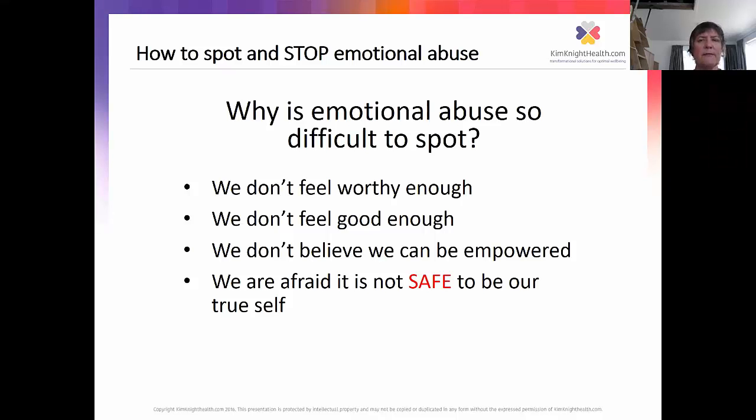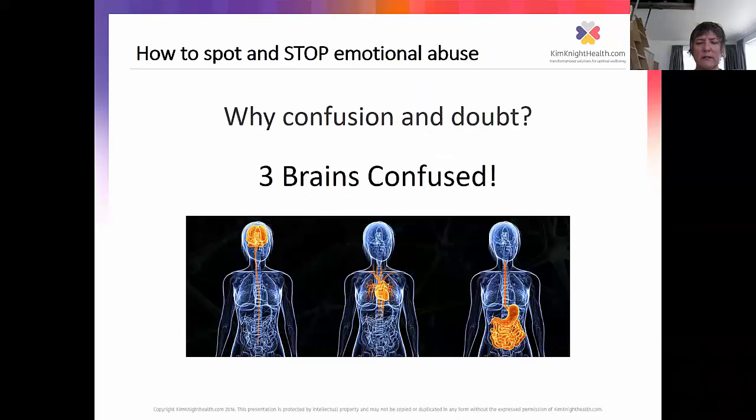So why this confusion and doubt? Well, really what's happening is these three brains that we have inside of us, which I spoke about on another webinar, which you can go and look at, these three brains get confused and they're not in alignment. The three brains are saying different things and there's no congruency and there is no alignment.